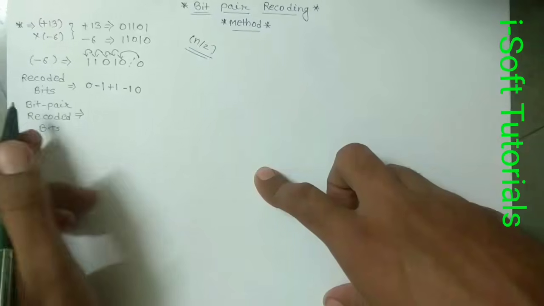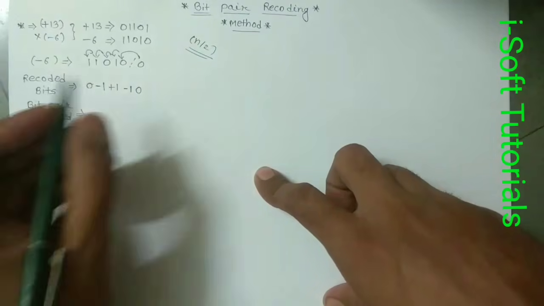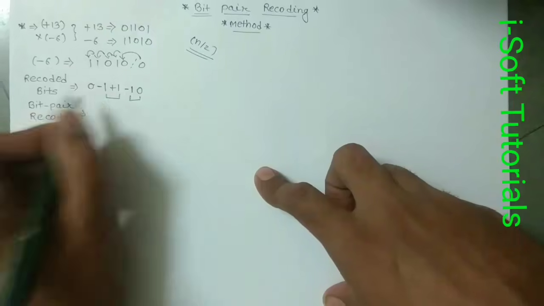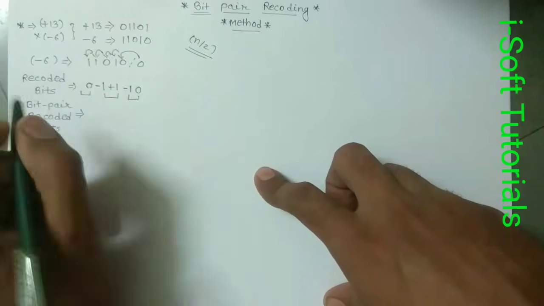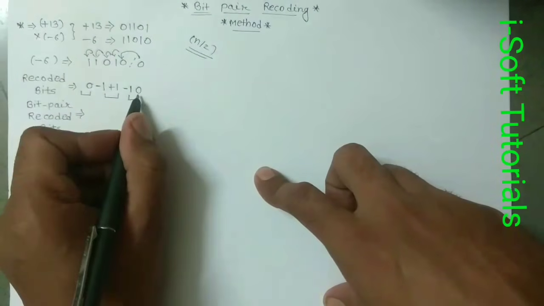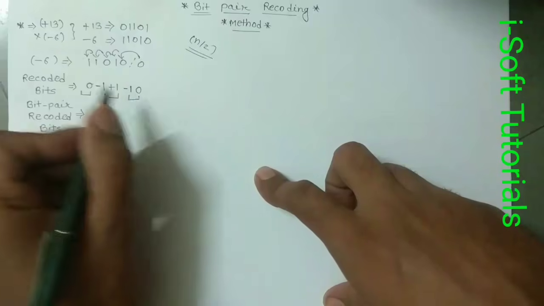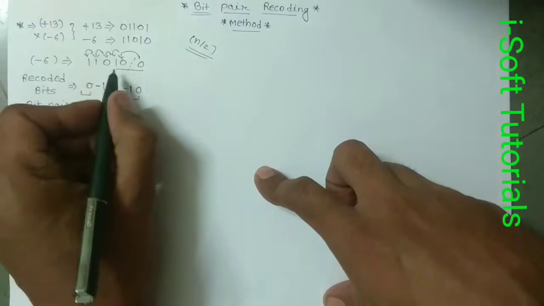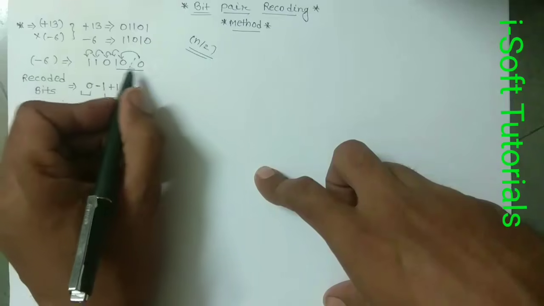For bit pair recoded bits, we will form pairs of the recoded bits that we have calculated from Booth's algorithm. So here first pair is minus 1, 0. You can observe that we form this minus 1, 0 from these 3 bits. These 3 bits of multiplier are 1, 0, 0.